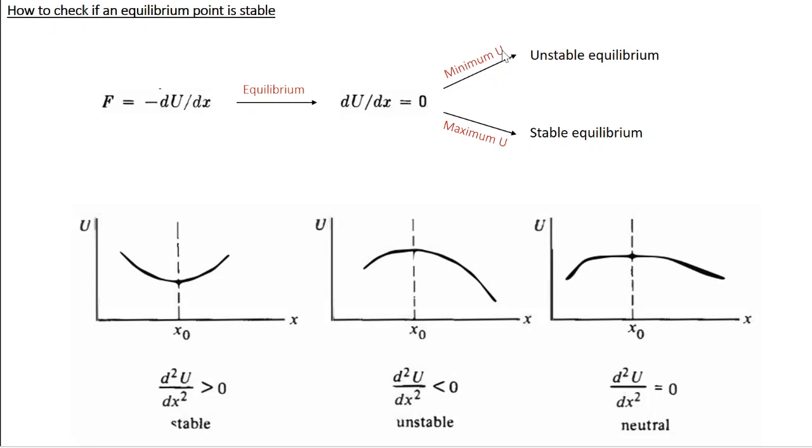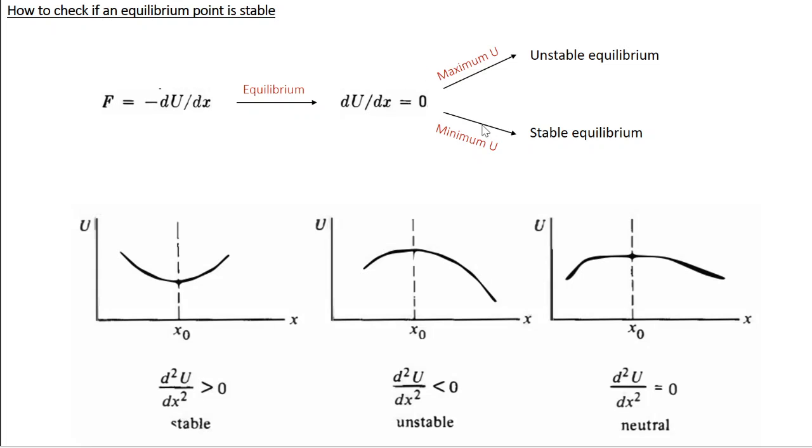Sorry for the typo here, it should have been the other way. Let me correct it just a second. Now this is corrected. So maximum U corresponds to unstable equilibrium and minimum potential energy corresponds to stable equilibrium.